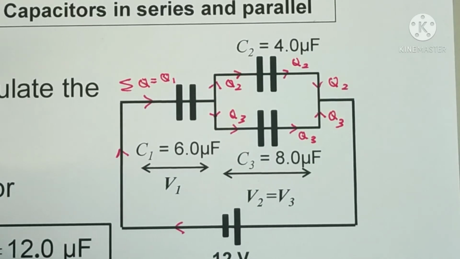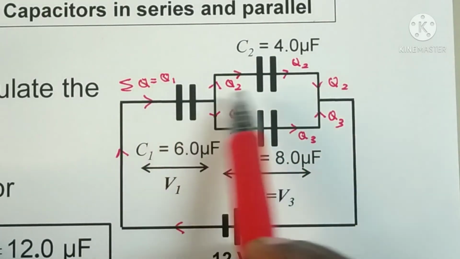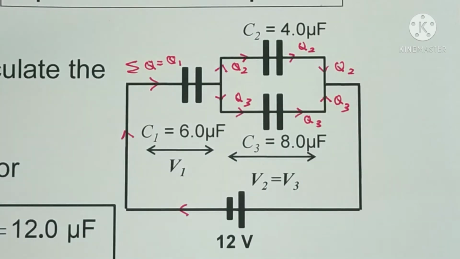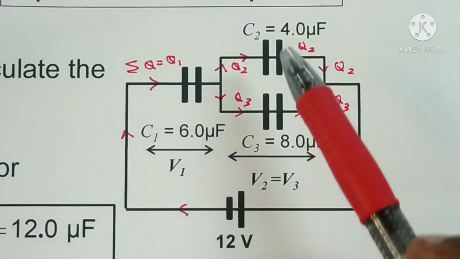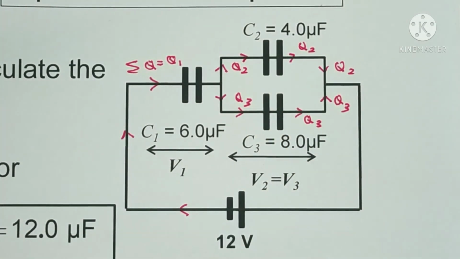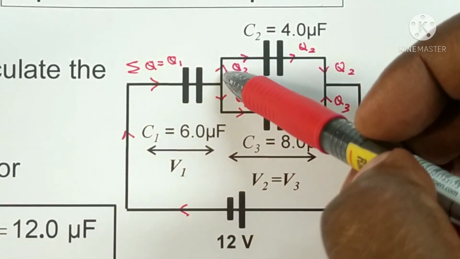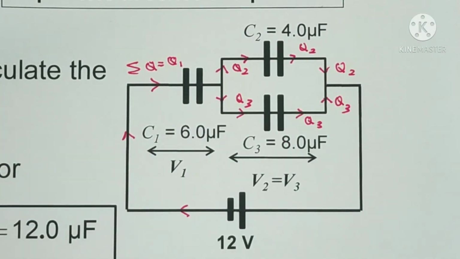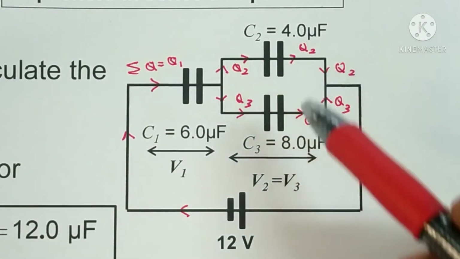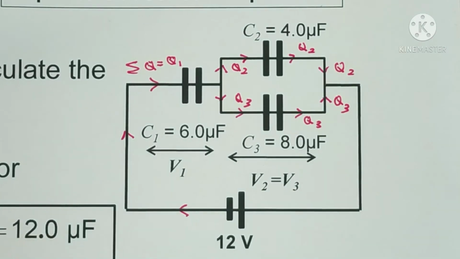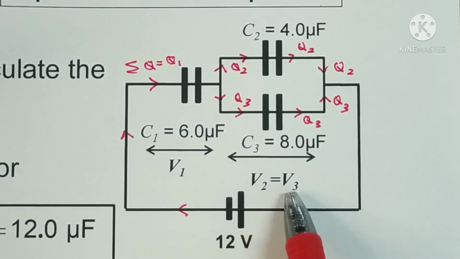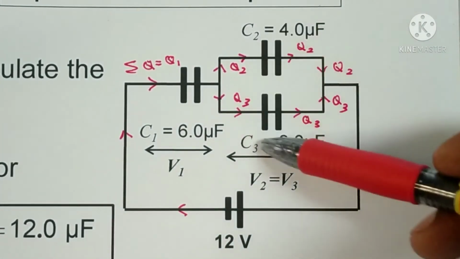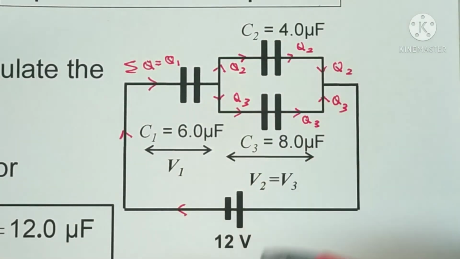We assume that the total charge entering and leaving these two junctions remains the same. The charge for capacitor C2 is Q2 and for capacitor C3 is Q3, and the potential difference across C1 is V1, and across C2 and C3 it will remain the same, where V2 equals V3, because these two capacitors are in parallel.